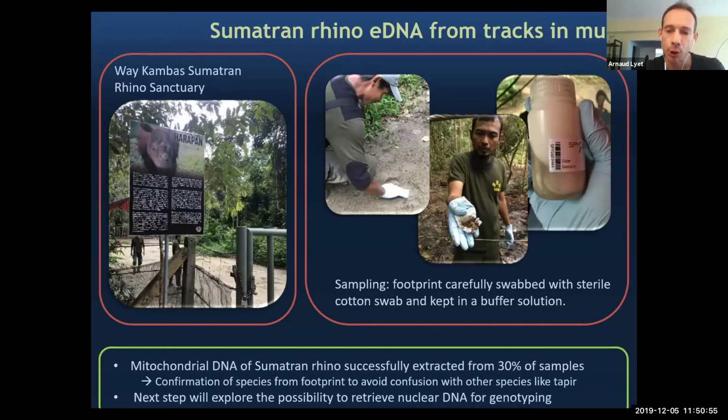In this place, we have a problem of confusion between rhino sign and tapir sign, so we really wanted a method that would allow us to distinguish these two species from their footprints. The results showed that 30% of the footprints that we sampled had enough DNA to identify the species and confirm that the DNA was from a rhino.